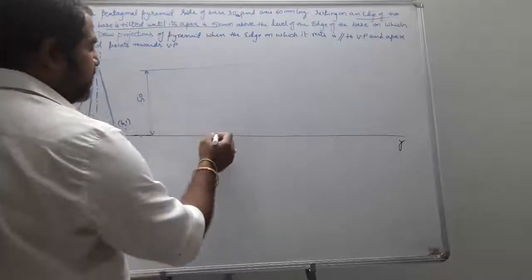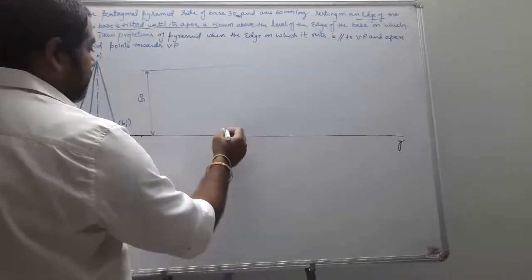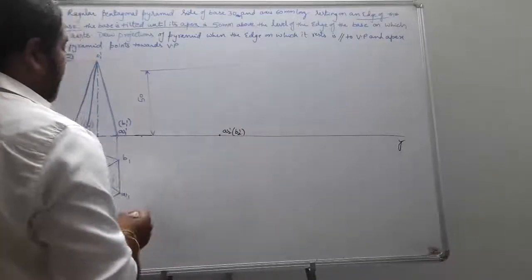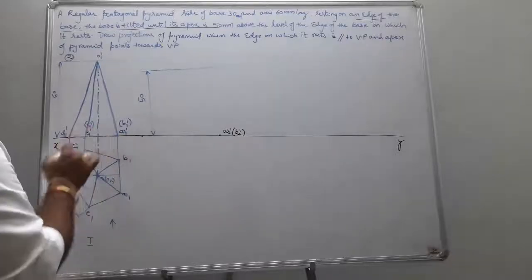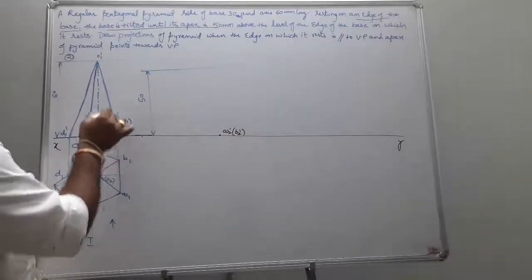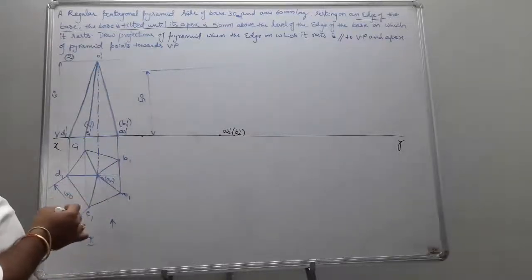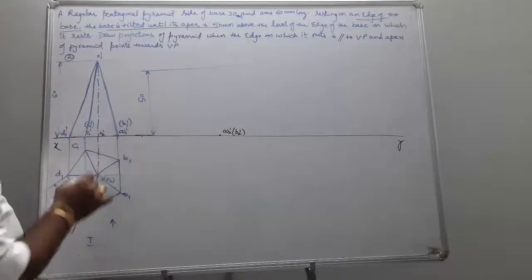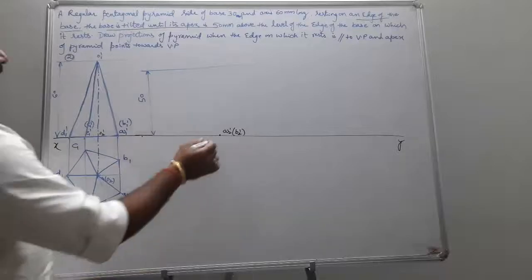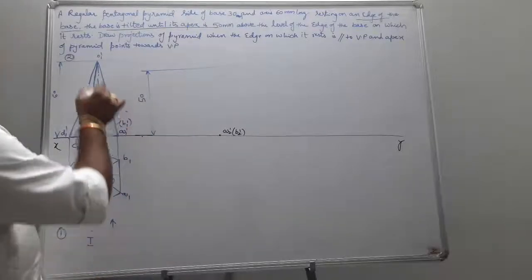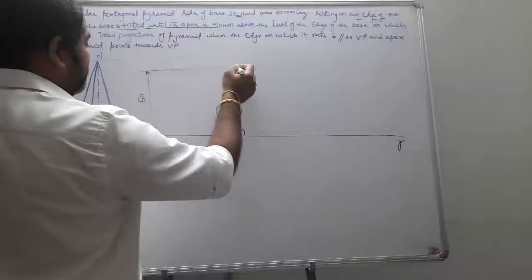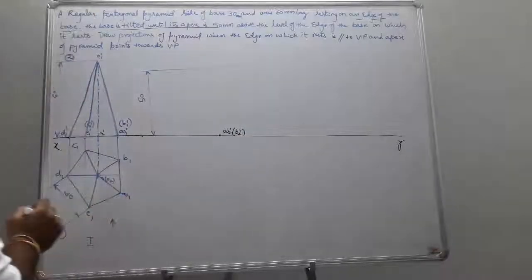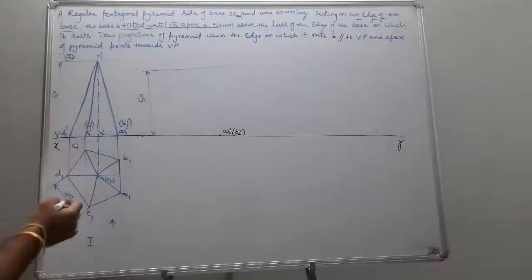So first of all, I just have to place my A2 dash, B2 dash. And I take A dash as center, A dash O dash as radius, and draw an arc. I just draw first of all, A dash as center, A dash O dash as radius. So I am supposed to draw an arc somewhere.